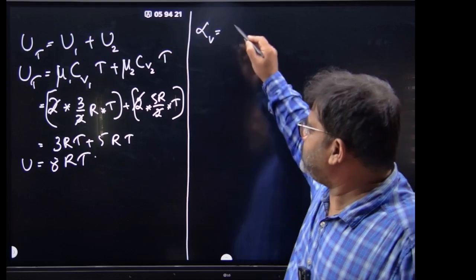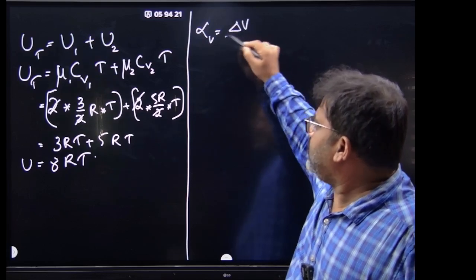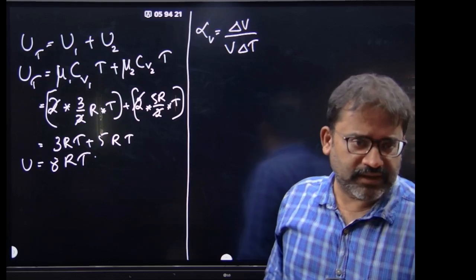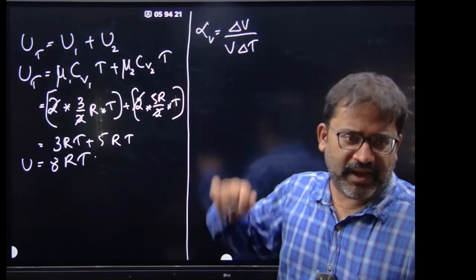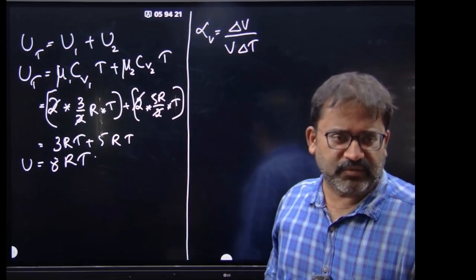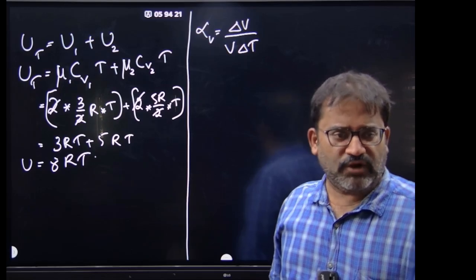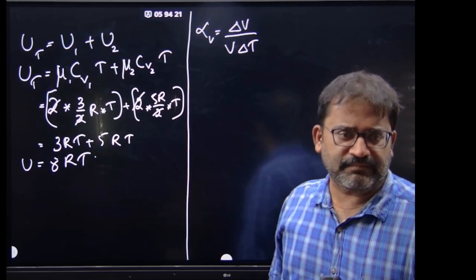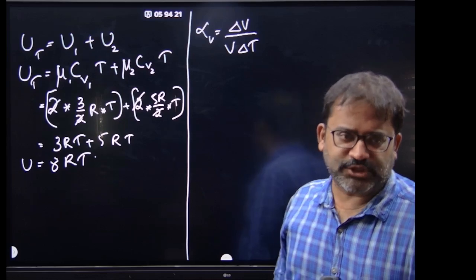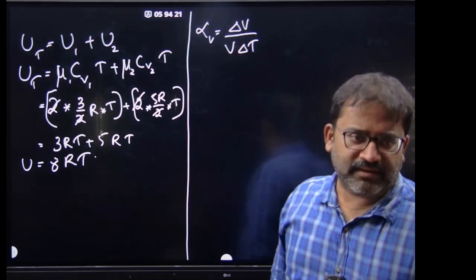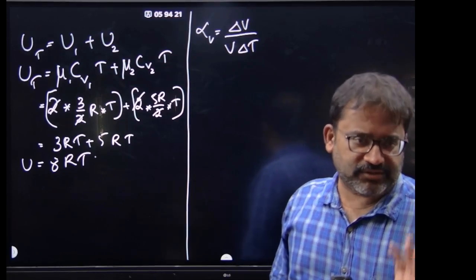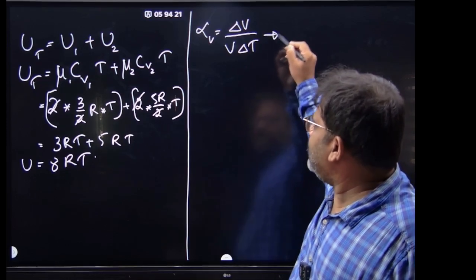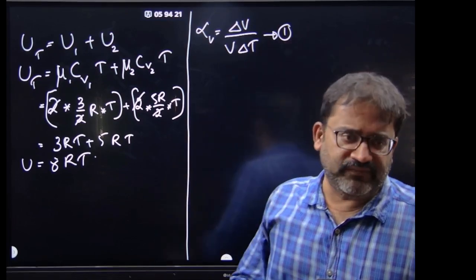It is given by delta V divided by V delta T. It is the ratio of the change of volume per unit rise or fall of temperature, divided by the volume of that substance, gas or liquid. So alpha V is equal to delta V divided by V delta T.